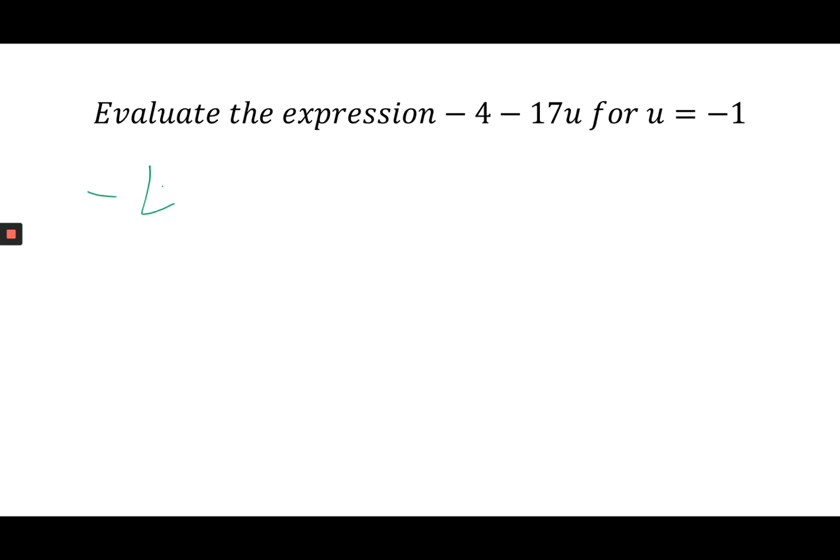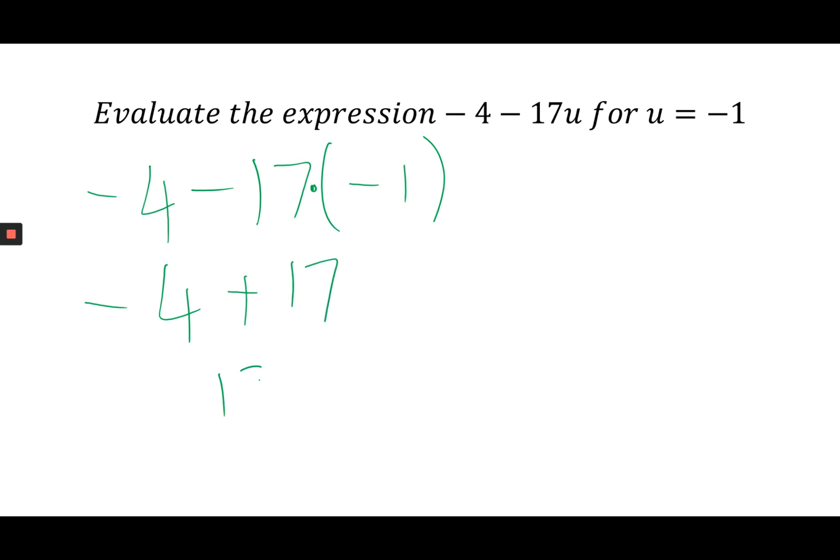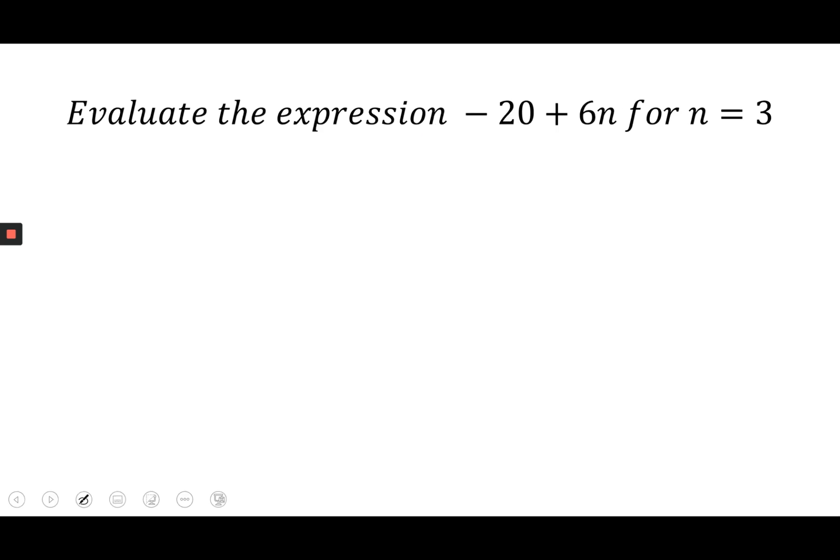Negative 4 minus 17u, u is negative 1. Observe, multiplication is first here. Negative times negative is going to be positive. Don't touch negative 4. Negative times negative again is positive 17. Negative 4 plus 17 is 13. Negative 20 plus 6n, n is 3.